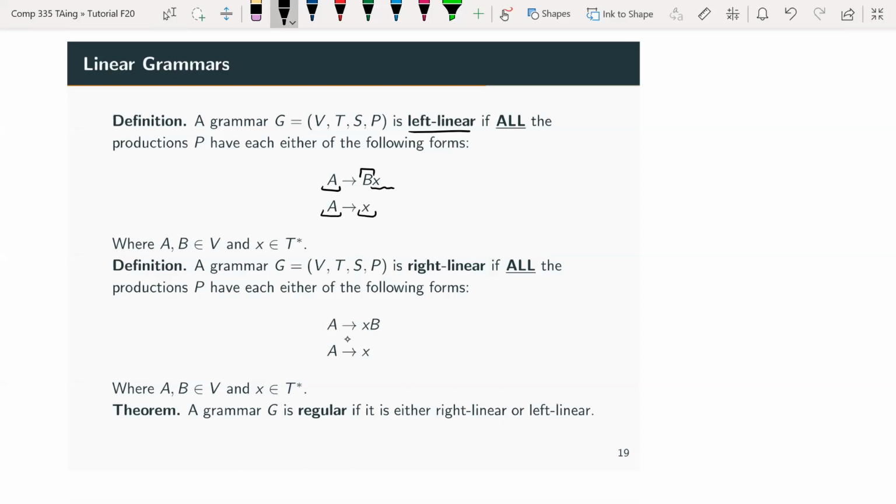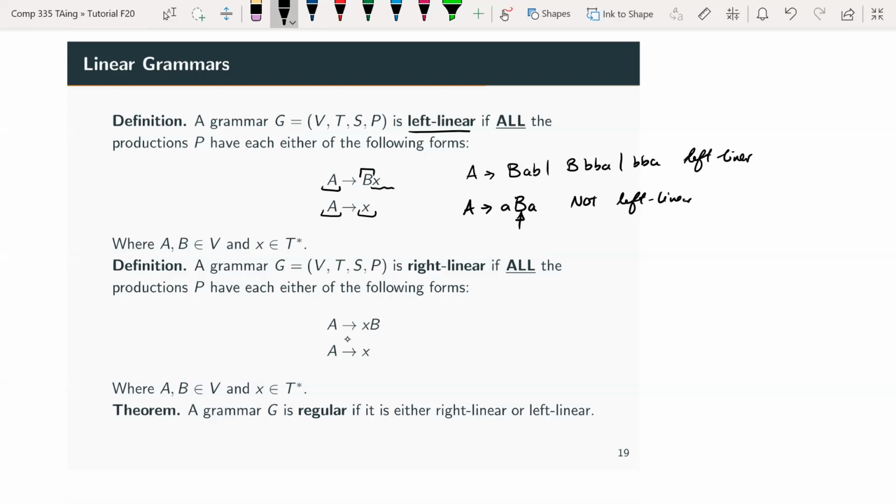So, for instance, if I had A gives me AB, BBA, and BBA, this is an example of a left linear grammar. But if instead I had, for instance, A gives you ABA, then because this variable is in the middle, because it's not at the leftmost side, this is not left linear.